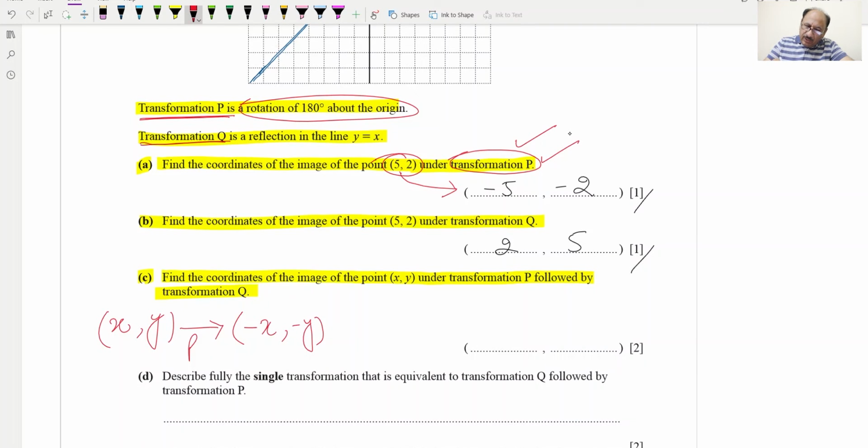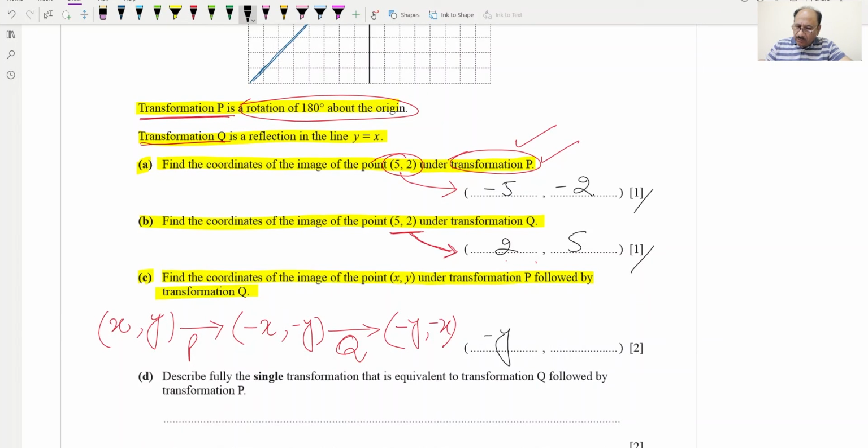Now when we are applying Q on this, it is changing location. We applied Q on (5, 2), not (-5, -2). So when we apply the Q transformation on (5, 2), it switches their places. Signs are kept the same, only the places switch. Now when we apply Q on this, it will switch their places. So (-y, -x) will be our answer.